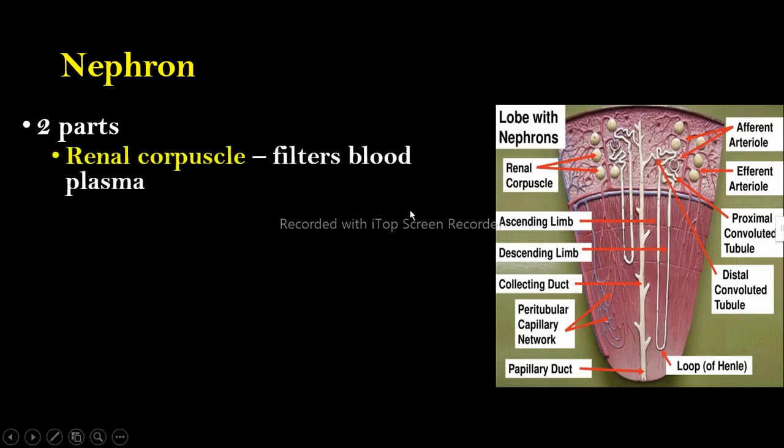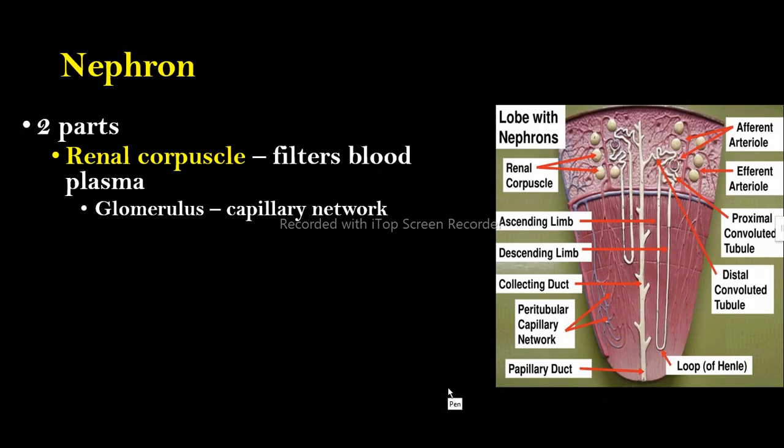Now the nephron is divided into two parts: the renal capsule and the renal tubules. The capsule, this swelling, if we dissect one, this swelling here, that is the renal capsule, and it is made up of two structures: the Bowman's capsule, named so because he's the one who discovered it.